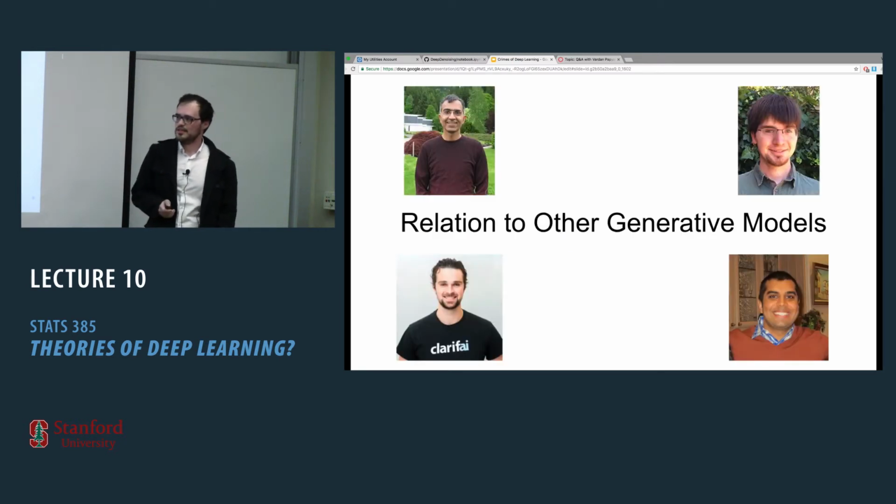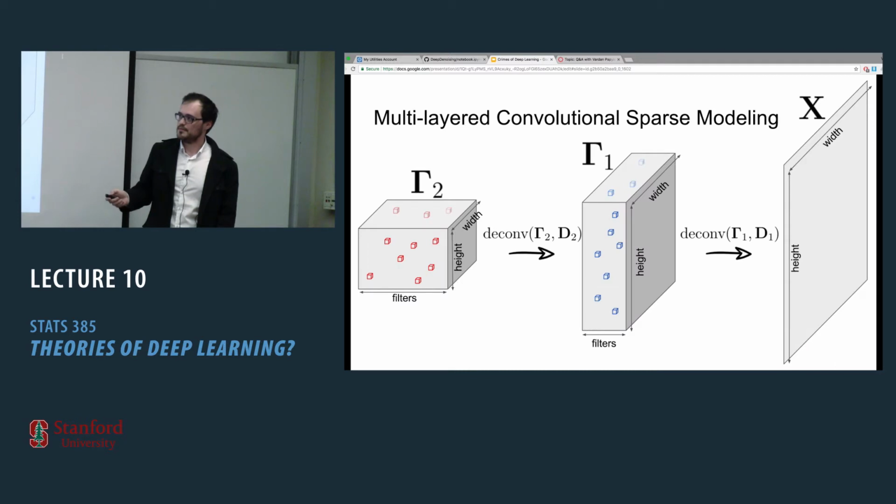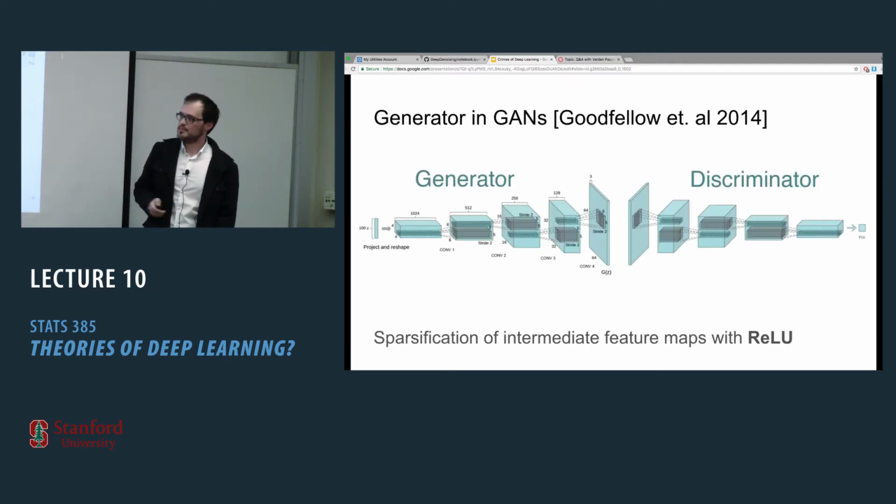Okay, so the generative model I'm showing you here is related to other works. Some we've seen in this course and others we've not. So here again, the generative model is you take gamma 2, you multiply by D2, you obtain gamma 1. You take gamma 1, you multiply by D1, you obtain X, okay? So the first thing that comes to mind is GANs. Ian Goodfellow proposed this sort of architecture to train a generative model, I would say.